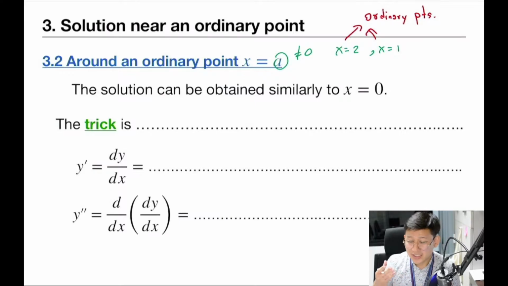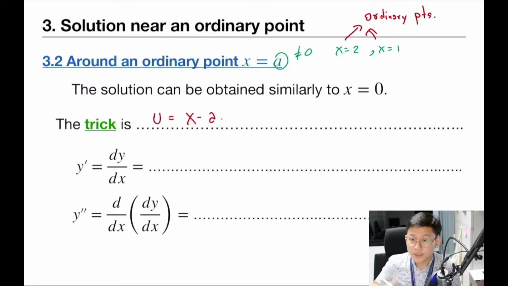It's the same as the previous section, but the trick, or the difference, is that we need to do a substitution first. And the substitution you need to do is to substitute u with x minus a.